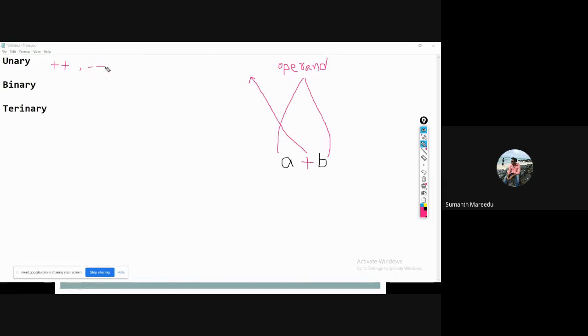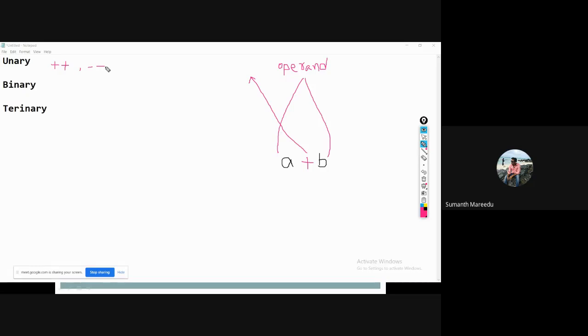We write a plus plus or minus minus b. That means to do that operation, one operand is enough. Those operators are called unary operators.